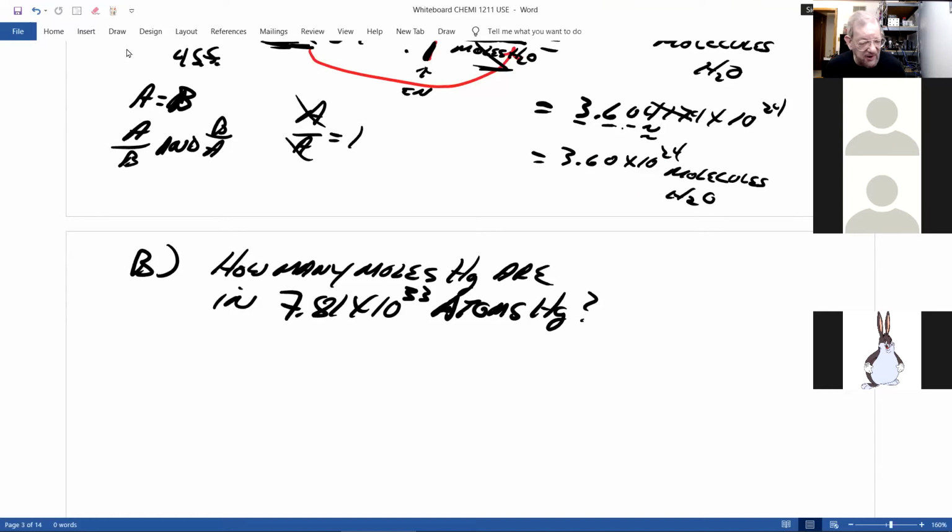How many moles of mercury, Hg, are in 7.81 times 10 to the 23rd atoms of mercury? Your turn.